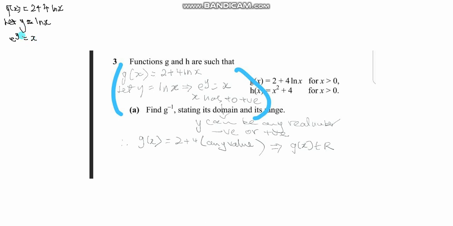Whatever value you change, x cannot be negative. That means x is bigger than 0. This one we know very well: e to the power of y, no matter what value of y you put, x cannot be 0. Therefore, it is given here. Even in the question, x has to be more than 0.